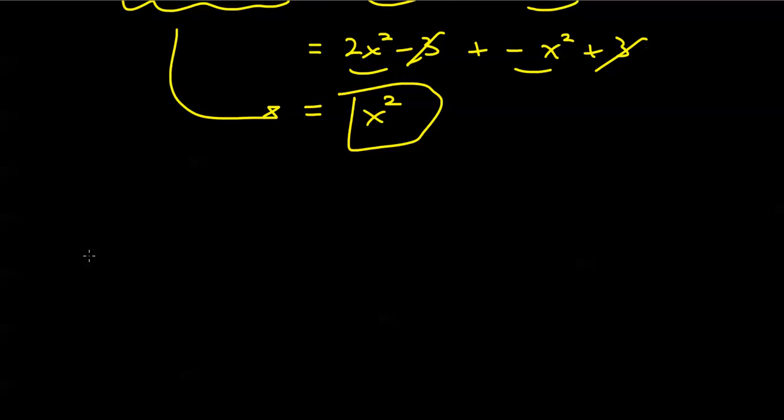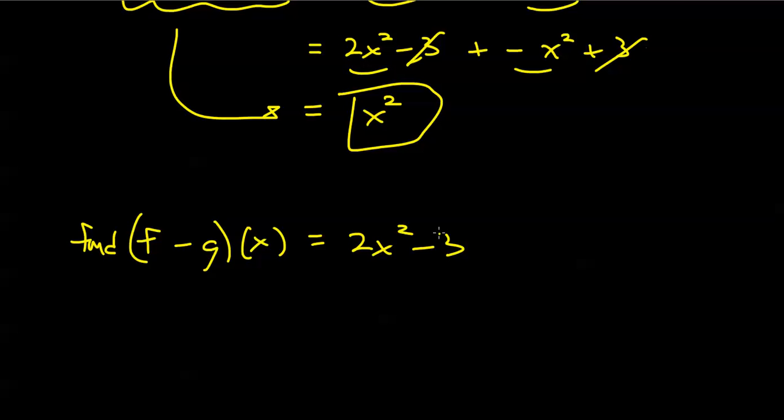Let's say we have the same function assignment. Find f minus g of x. Again, f of x is 2x squared minus 3. And if I want to subtract, then g of x is going to be minus x squared plus 3.